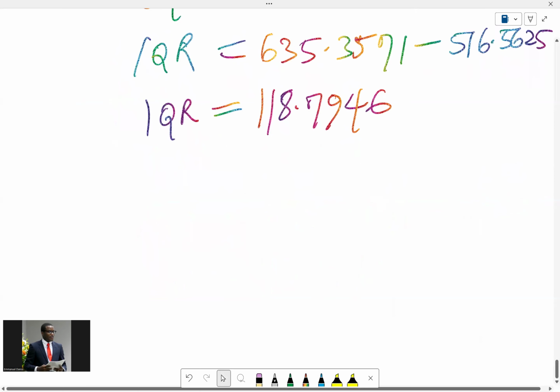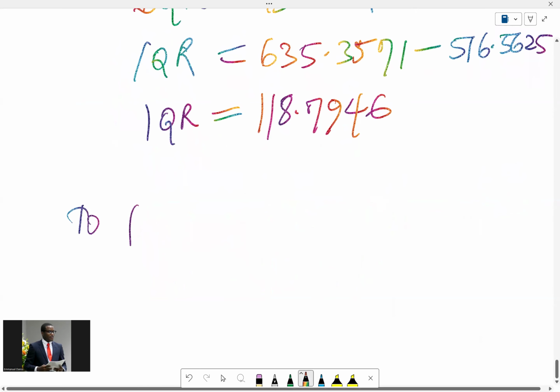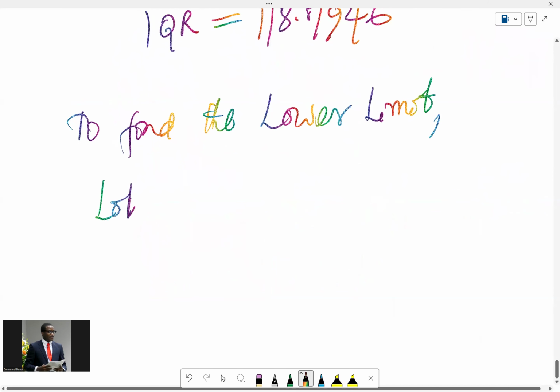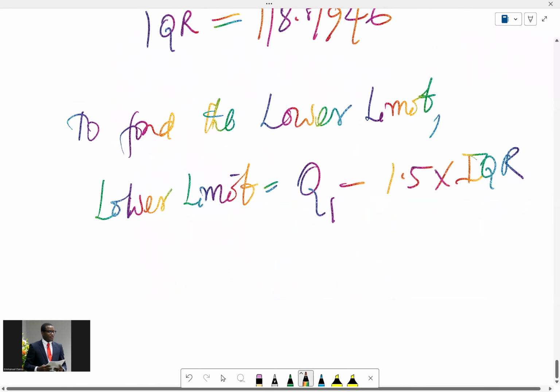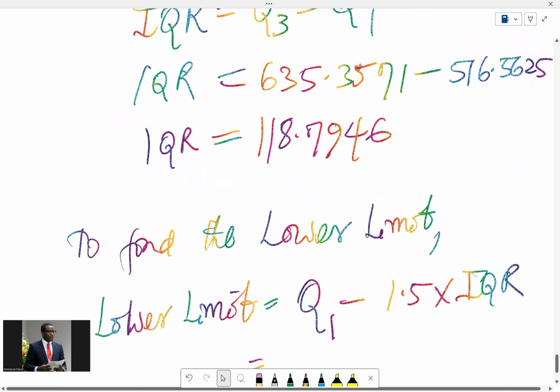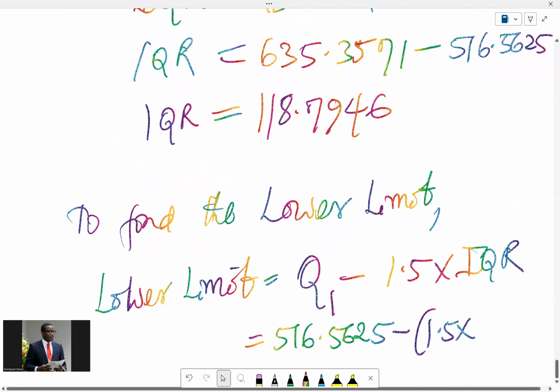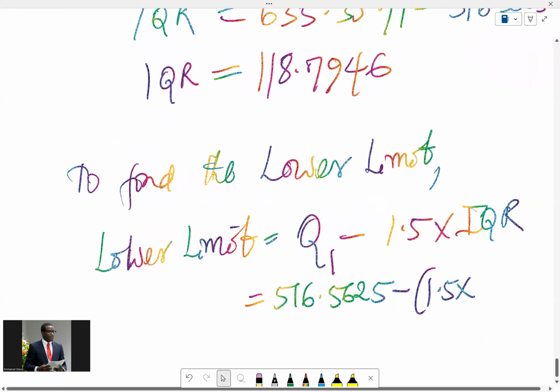So now we need to find the lower limit. To find the lower limit, of course, you know that lower limit is equal to Q1 minus 1.5 times IQR. So the lower limit again is 516.5625 minus 1.5 times IQR, which is 118.7946.